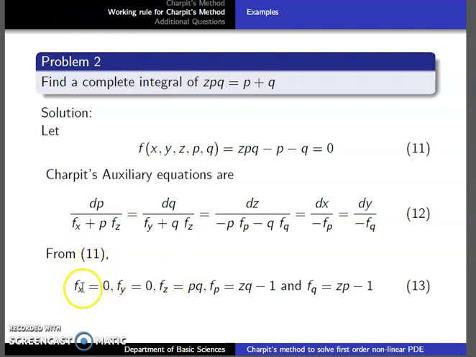On evaluating the partial derivatives, we get fx equal to 0, fy equal to 0, fz equal to pq, fp equal to zq minus 1 and fq equal to zp minus 1.